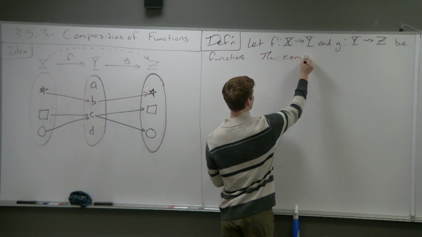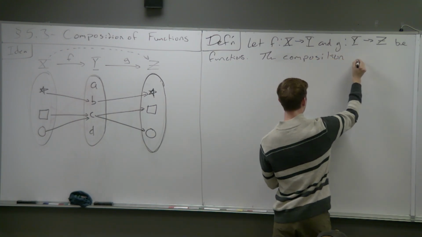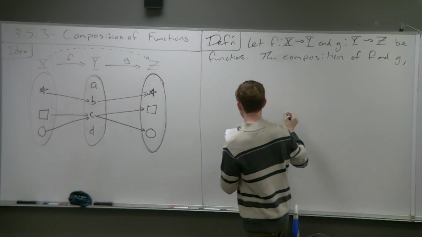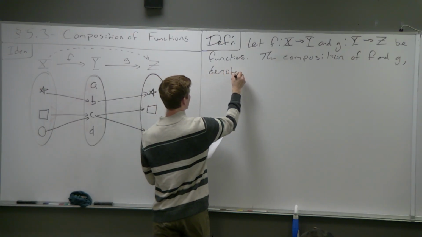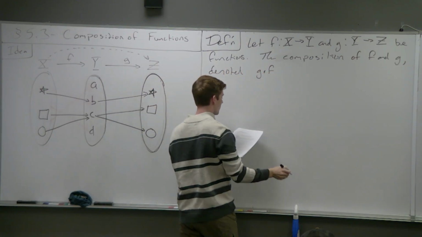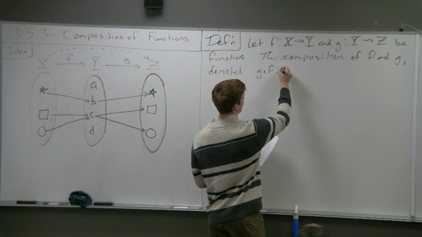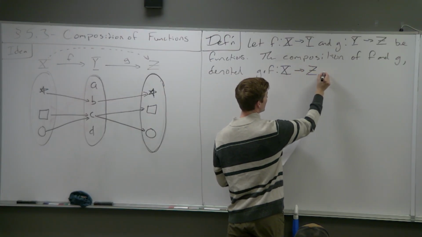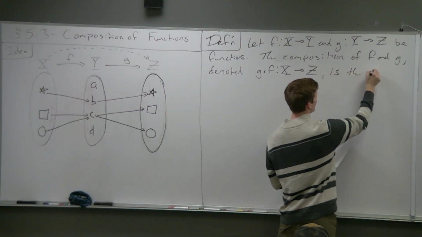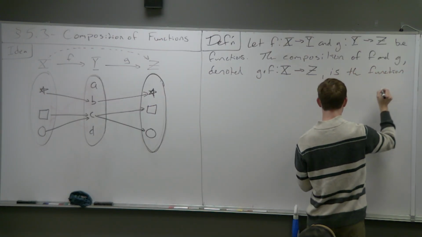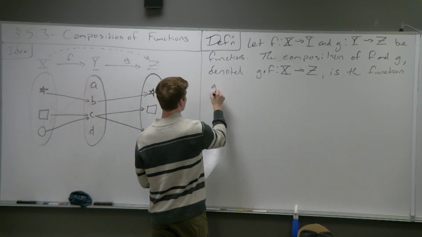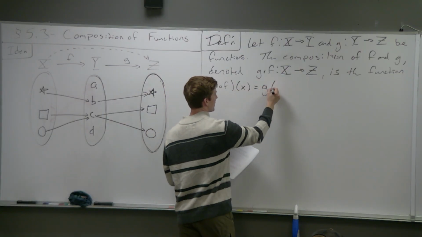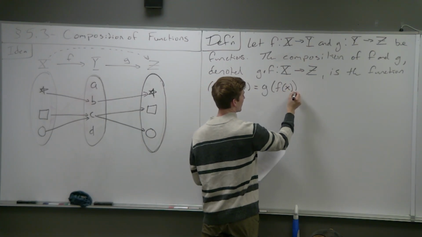The composition of f and g, denoted g circle f, which is a function, to be clear, from X to Z, is the function g composed with f of x is equal to g of f of x.